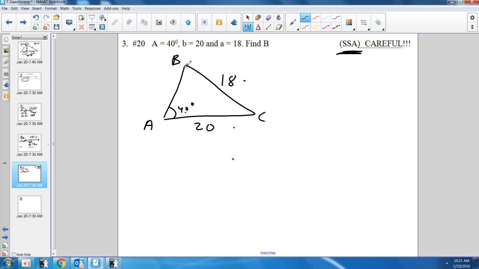I want to find B, so I want to write down sine B over 20 equals sine 40 over 18. Multiply by 20 on both sides.